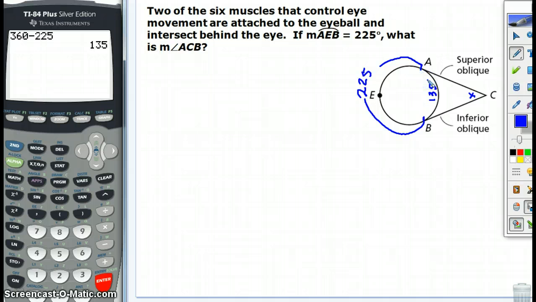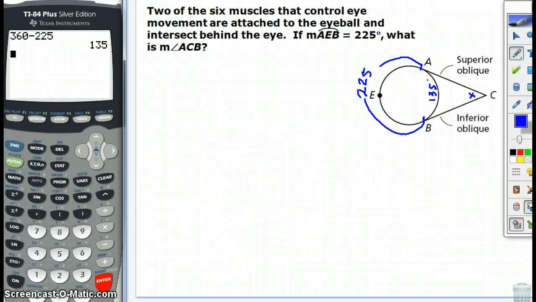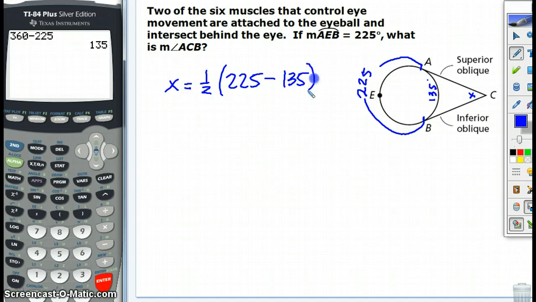So now we can use this formula right over here, saying that this angle is 1/2 the large part minus the small intercepted arc. So angle X is equal to 1/2 the large minus the small intercepted arc.